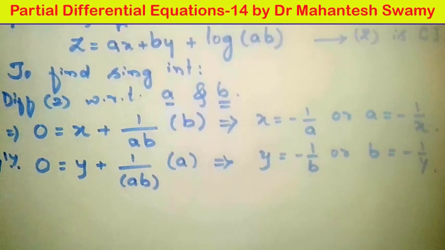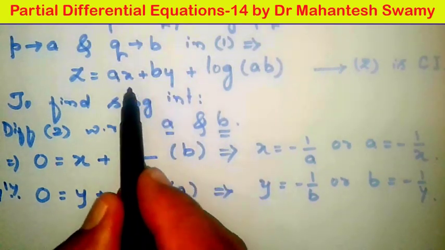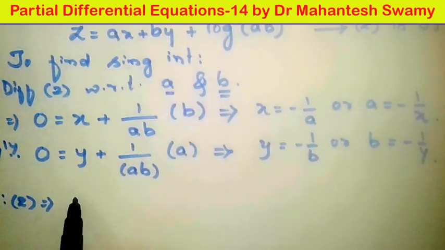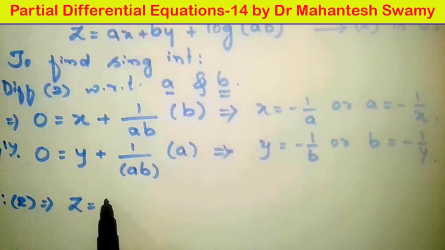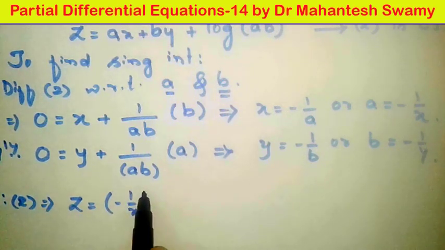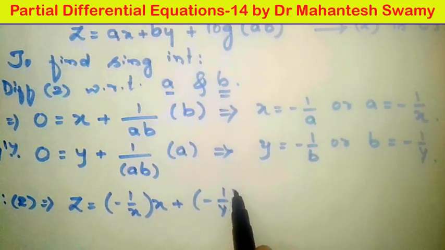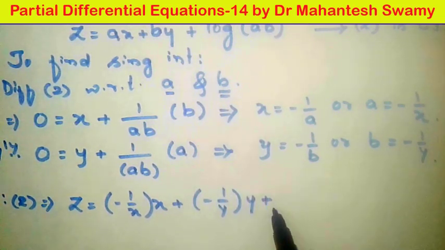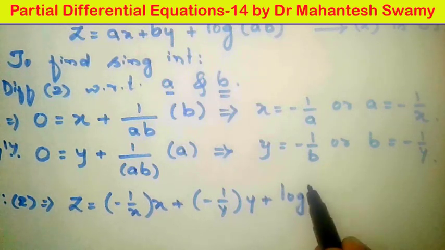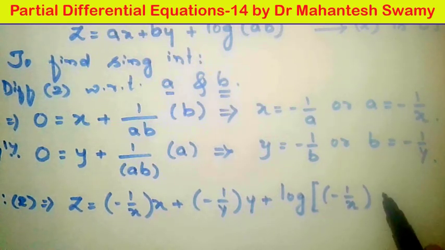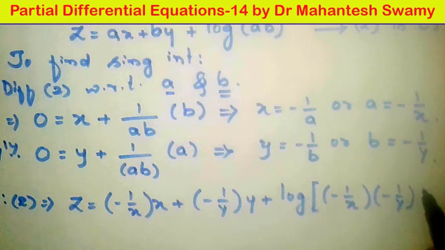Let us substitute them into the complete integral which we have obtained here in equation number 2. Therefore 2 implies z equal to a value, minus 1 by x, into x as it is, plus b value, minus 1 by y, into y as it is, plus log of, let us write down the value of a as minus 1 by x, b as minus 1 by y.